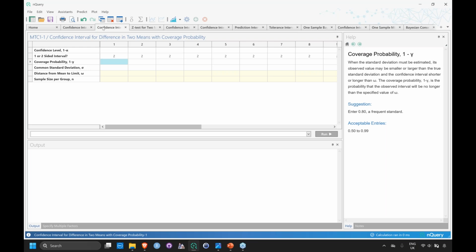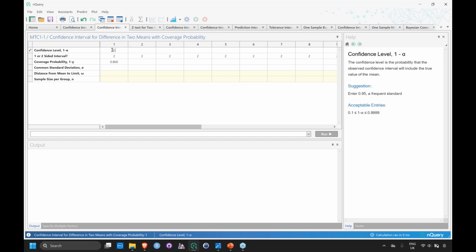So this allows you to set a target probability for how likely you are to achieve an interval smaller than the target. So let's say we want 80% probability, or 0.8, that the actual interval is less than the target. So enter that coverage probability, and the rest of the table is the same.